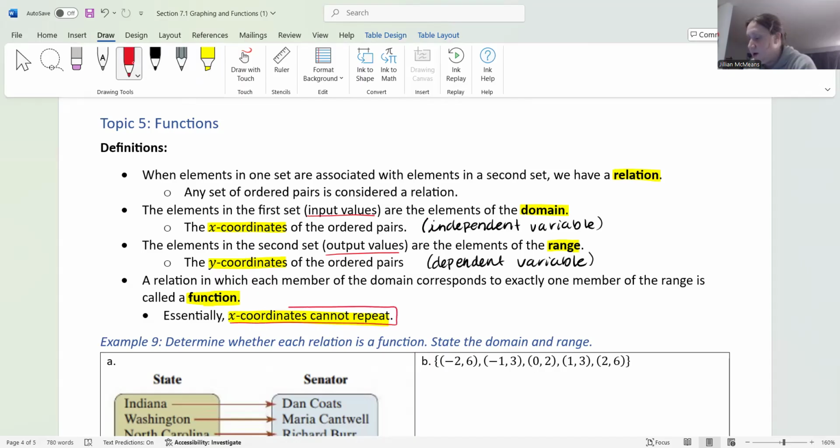I'm going to underline it, outline it, and put a star beside it. For a relation to qualify as a function, each input corresponds to only one output, meaning x coordinates cannot repeat. If that criteria is met, then you can say your equation is a function. Otherwise, it's just a relation.